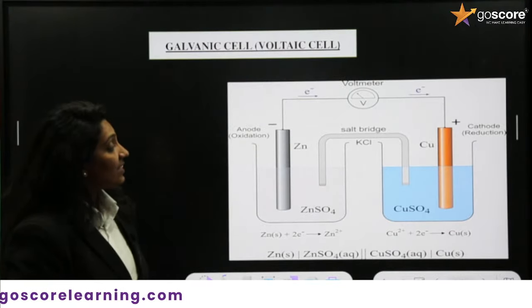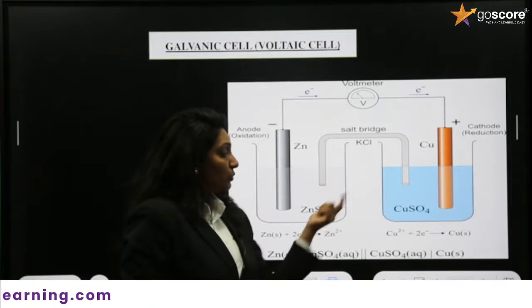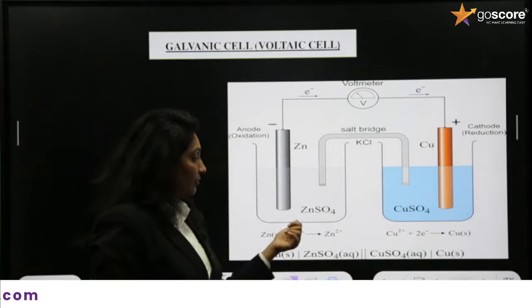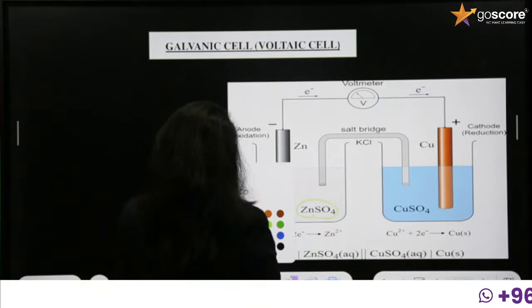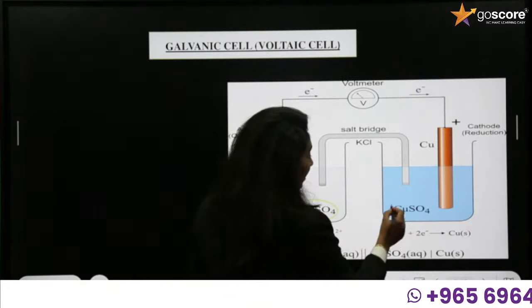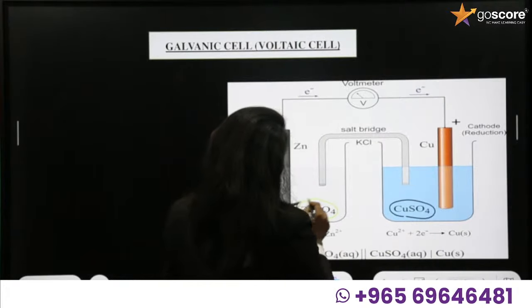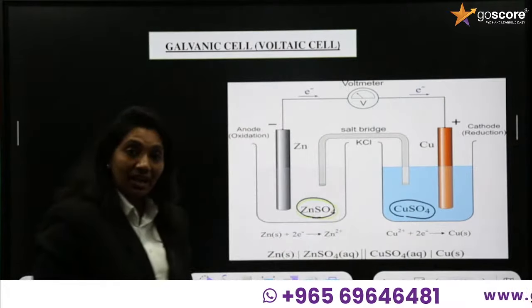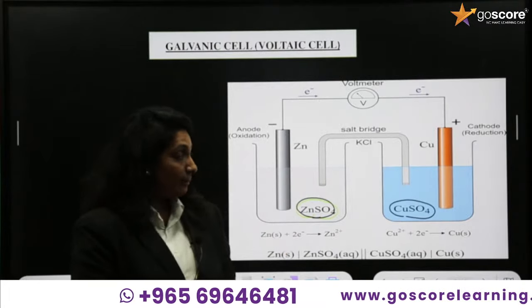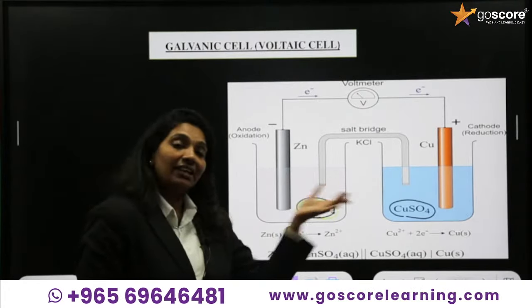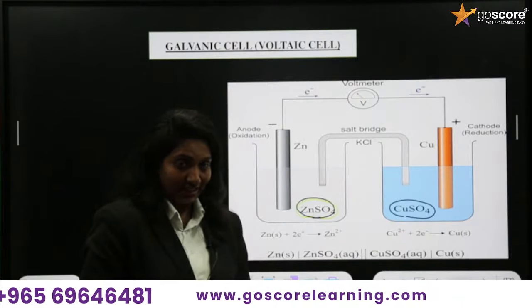But in a galvanic cell there are two beakers with two different electrolytes. In the first beaker we have taken zinc sulfate, and in the second beaker we have taken copper sulfate, right? So in the galvanic cell, unlike the electrolytic cell, we have two separate vessels containing different electrolytes.